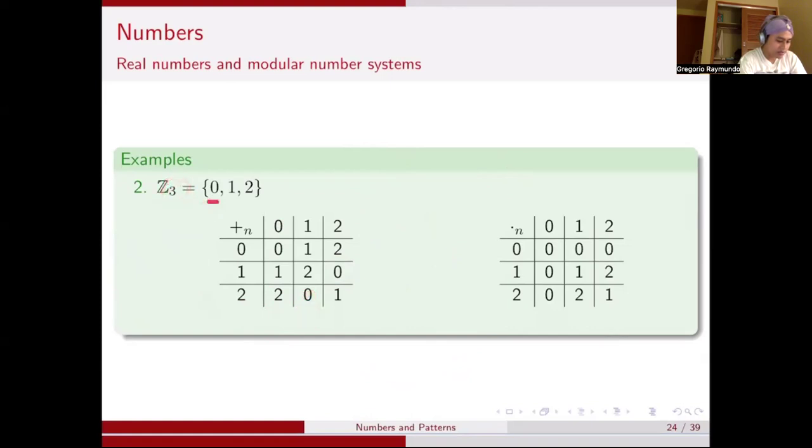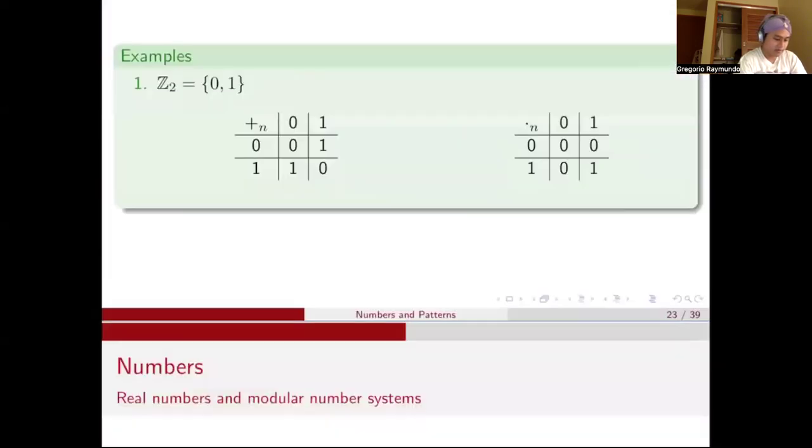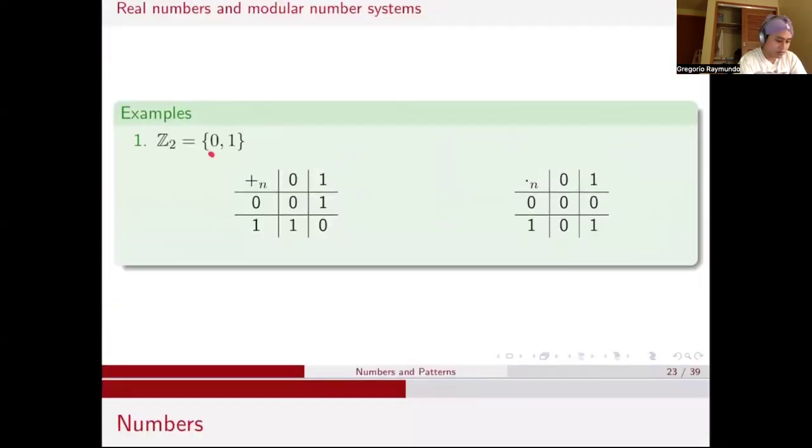So tingnan mo, 0, 1, 2, 3, 4, 5, 6, 7, 8, 9, 10, 11, 12. Kapag multiple ka ng 3, bumabalik ka sa 0. Dito naman, pag multiple ka ng 2, bumabalik ka sa 0. 0, 1, 2, 3, 4, 5, 6, 7, 8, 9, 10, 11, 12. So ito yung even, ito yung odd.